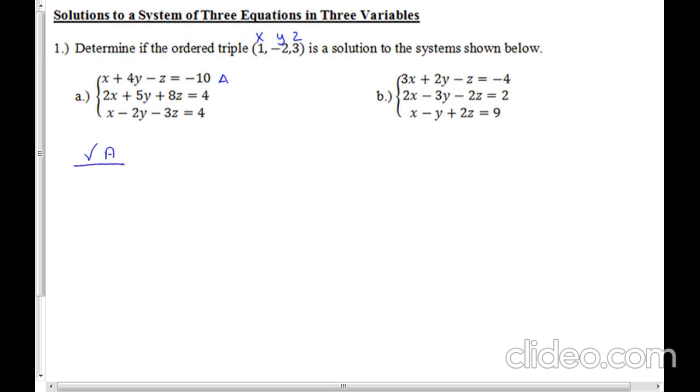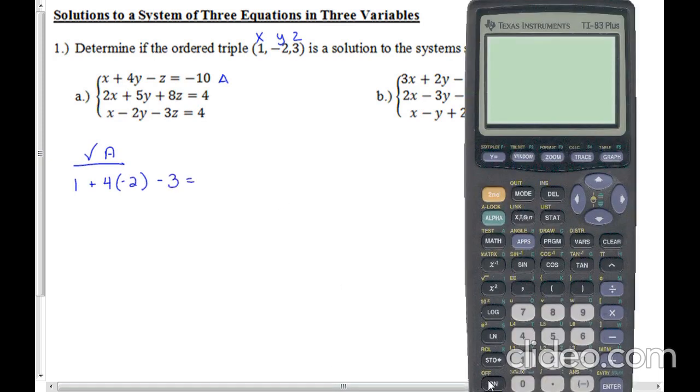So when I check for A, I'm putting 1 in for x. I'm going to put in -2 for y, and I'm going to put in 3 for z. So I can do this in the calculator if I need to. So I would have 1 plus negative 8. 4 times negative 2 is negative 8, minus 3. And this would give me a negative 10.